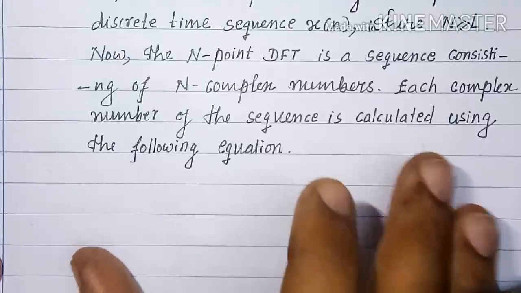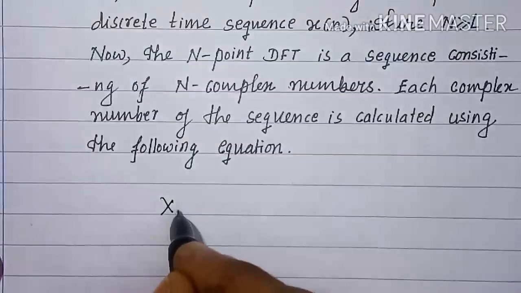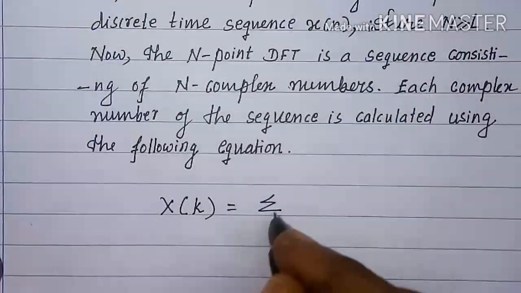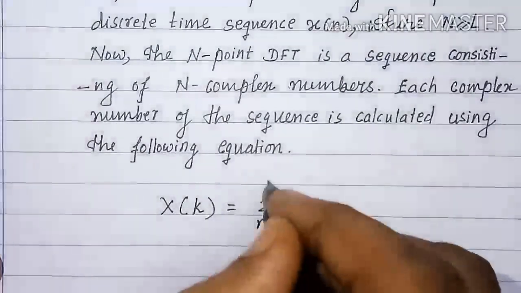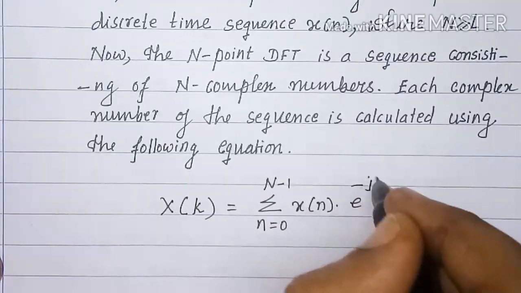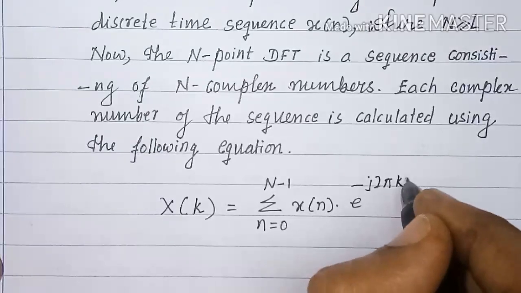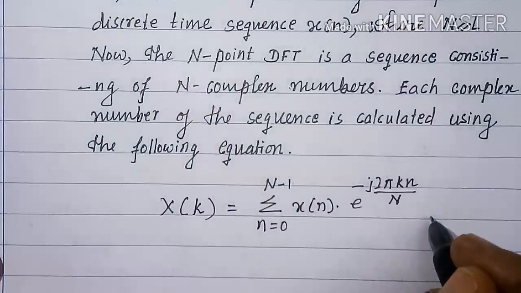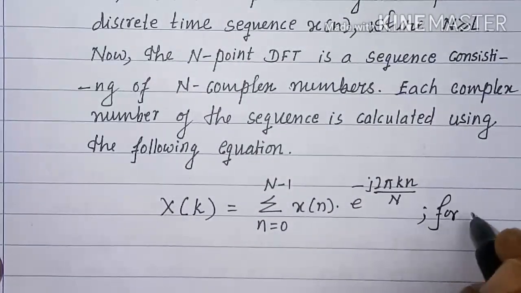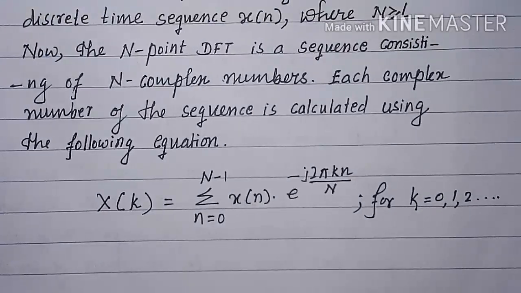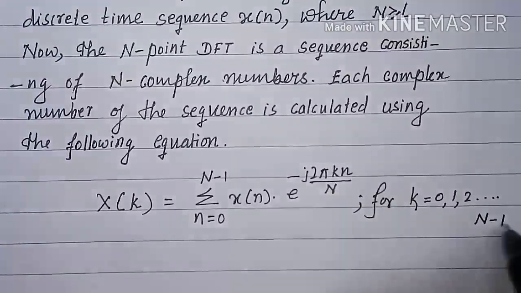This equation we have already used. That is X of k equal to summation n equal to 0 to capital N minus 1 x of n into e raised to minus j 2 pi k n upon capital N, for k equal to 0, 1, 2, up to N minus 1.